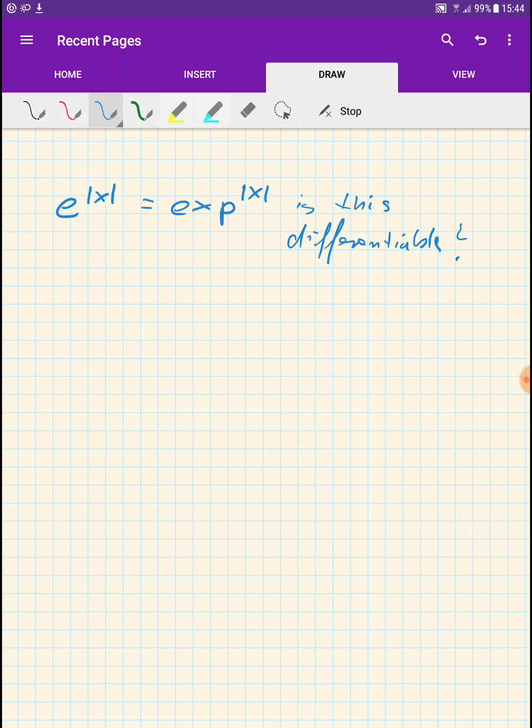To solve this exercise, we basically need to remember the chain rule. So let me remind you of the chain rule. It says something about the derivative of composition of functions.